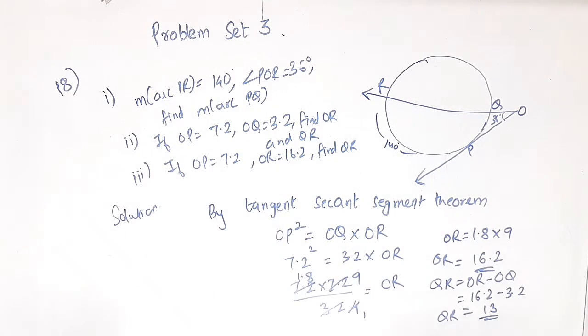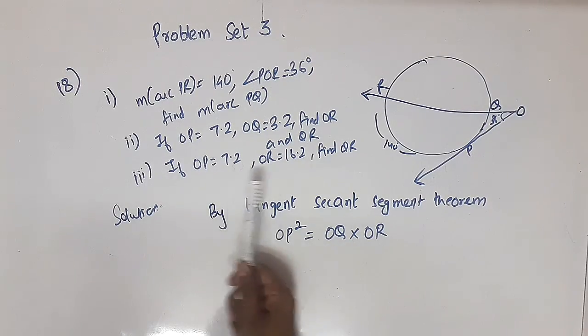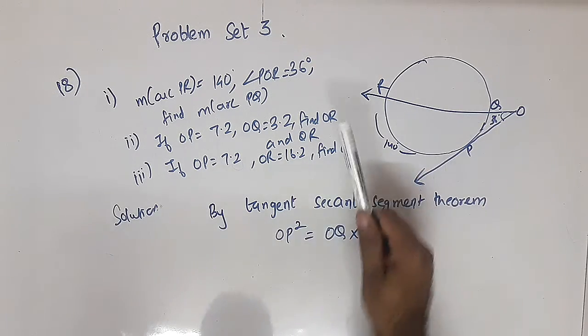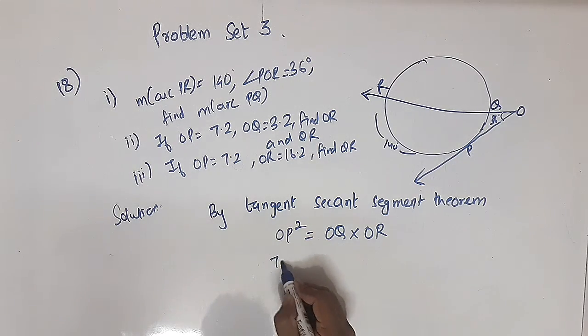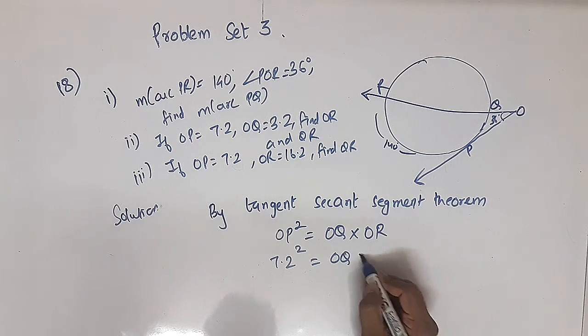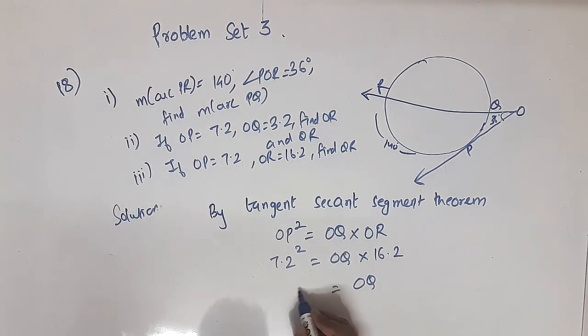Okay, coming to sub question 3, you have OP is 7.2, OR is 16.2, and we have to find QR. So this I have already written. We'll just substitute. OP is 7.2 square, OQ we have to find, and OR is given 16.2. So OQ will stand here, 7.2 square, so I am writing it 2 times, and 16.2 will come in the denominator.